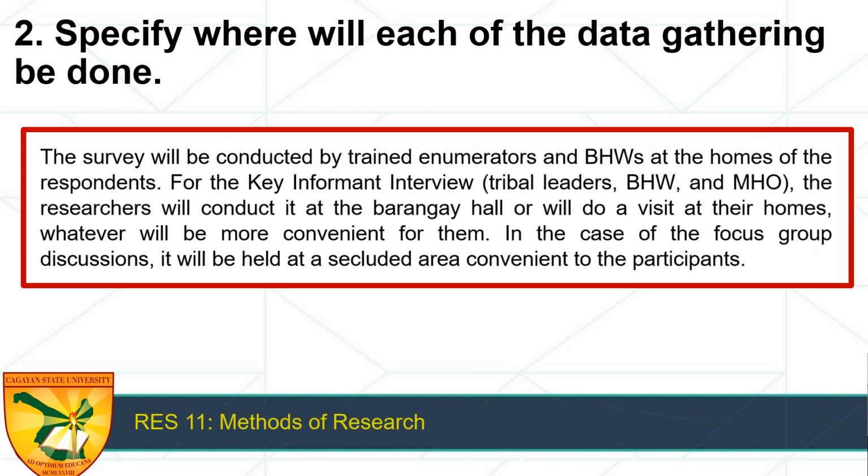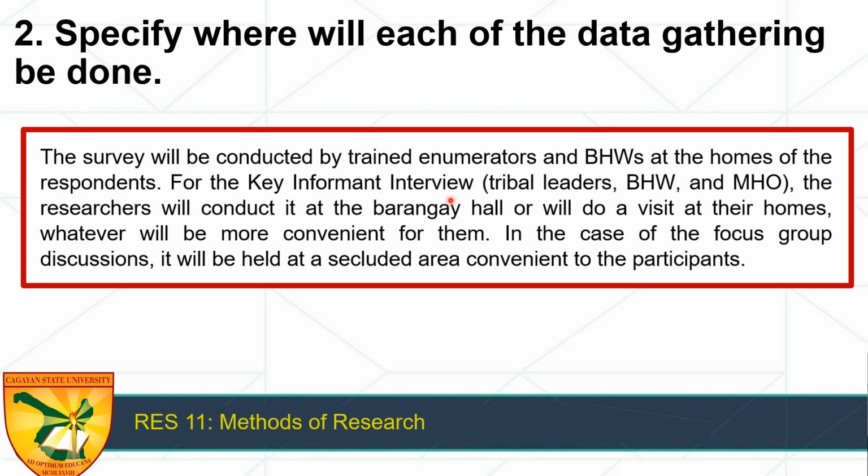You will not just state where you got your respondents or you collected your leaf samples or fruit samples. For number two, you specify where each of the data gathering will be done, or where the experiment will be done for experimental studies. For the example here, the survey will be conducted by trained enumerators and barangay health workers at the homes of the respondents.